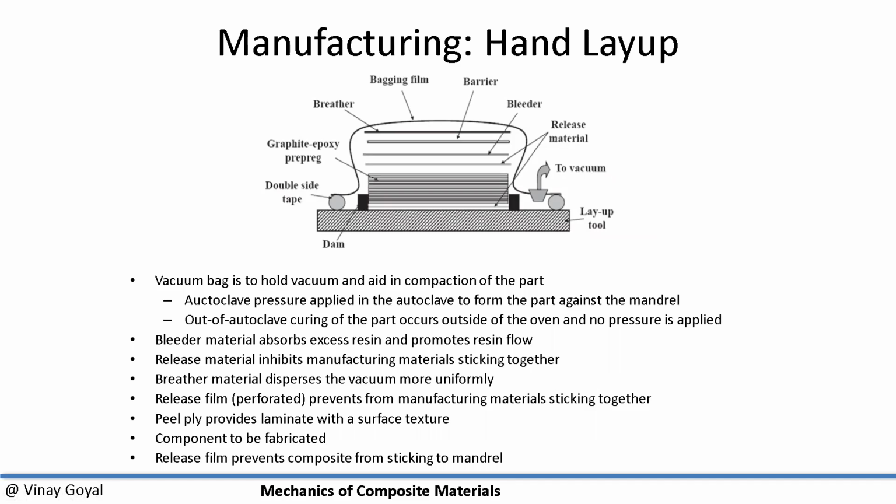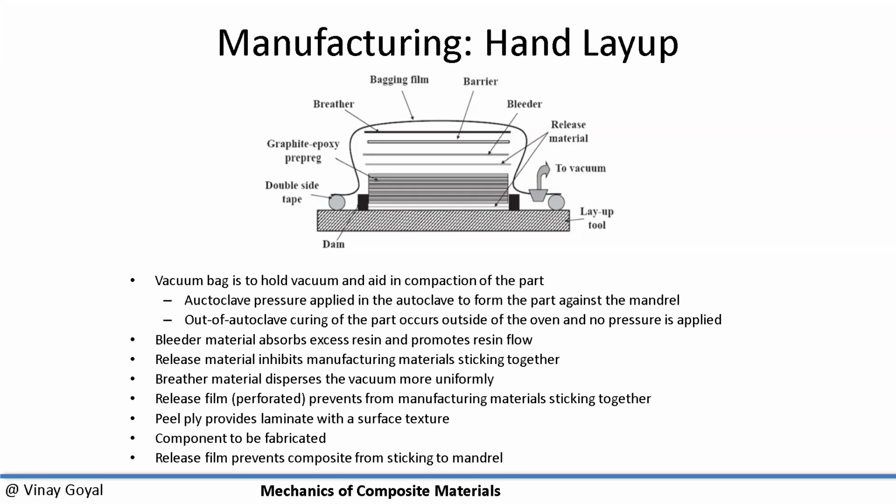We talked about making sure we have a peel ply that provides the laminate with the surface texture that we need. And finally, we talked about a vacuum bagging process that allows you to pull vacuum successfully using this double side tape with this pressure valve. And now you connect that to the autoclave and pull vacuum, put that in the thermal chamber, the autoclave, and then apply the pressure required to achieve what we want to achieve.